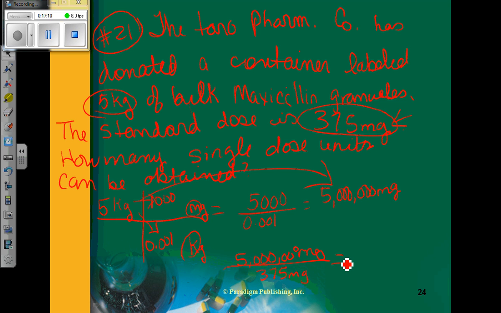So you divide 5 million by 375 per each standard dose. The number of single doses or units that can be obtained are going to be 13,333. It actually continues, but we would just round that off to 13,333 single doses.